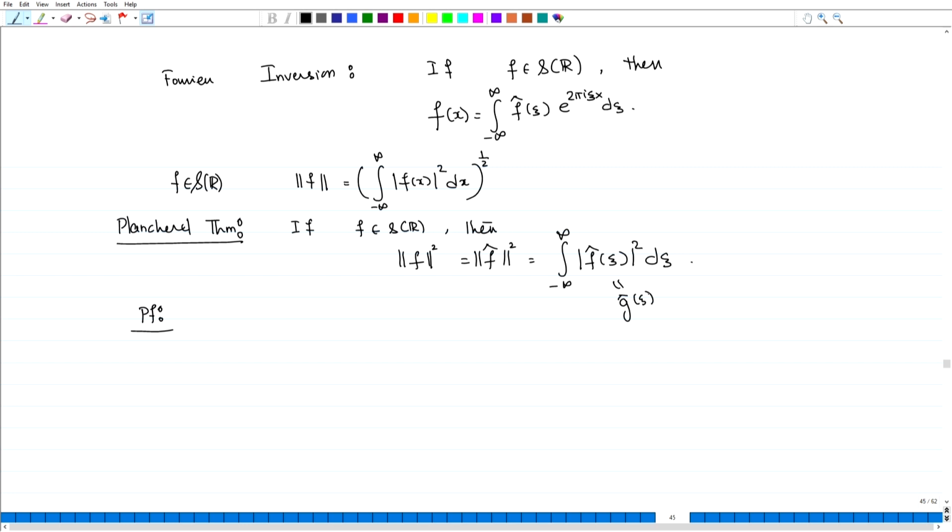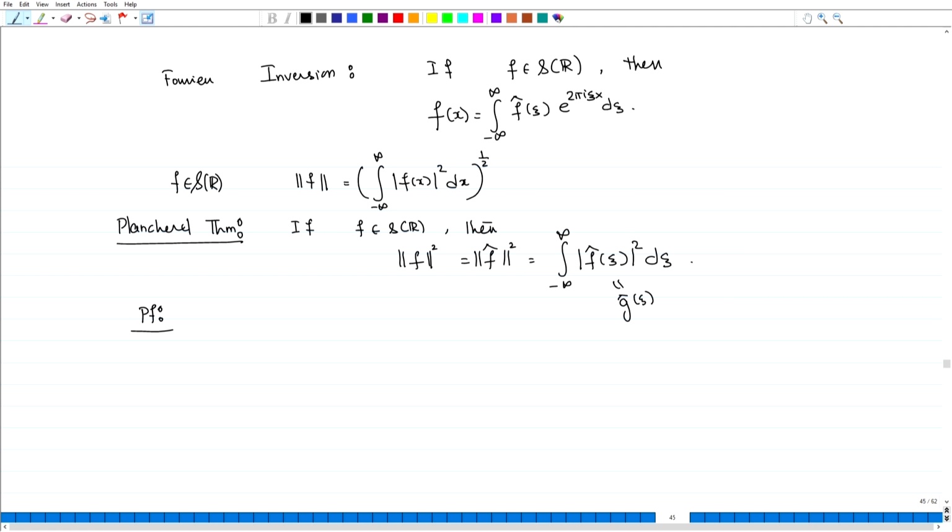Can we find a g such that g hat is equal to mod of f hat of xi square? Then if that is the case, by the Fourier inversion theorem, if g is in Schwarz space, if we can manage to find such a g, then this will be g of 0.